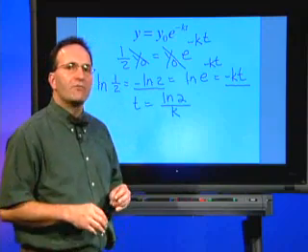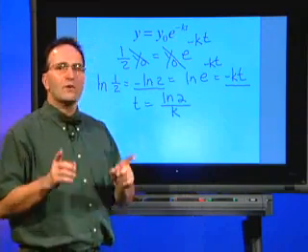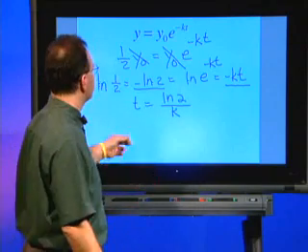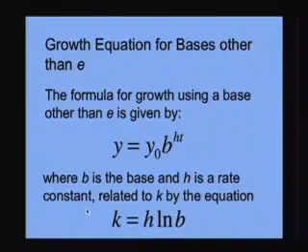Now, let's look at a formula for modeling growth with other bases besides e. The growth equation for bases other than e is given by y equals y naught b raised to the ht, where b is the base and h is a rate constant which is related to k by the equation k equals h times the natural log of b.